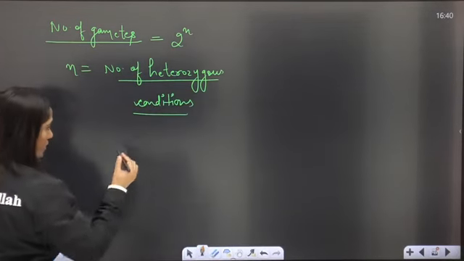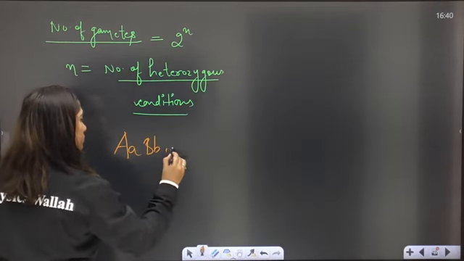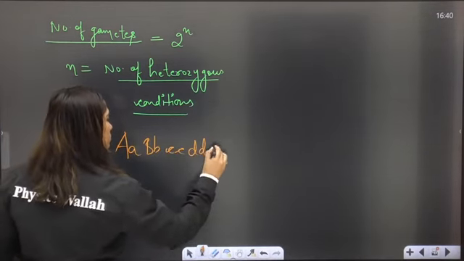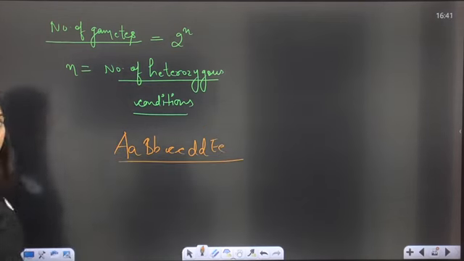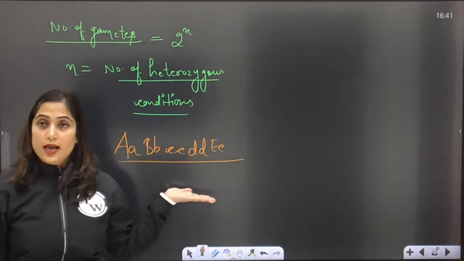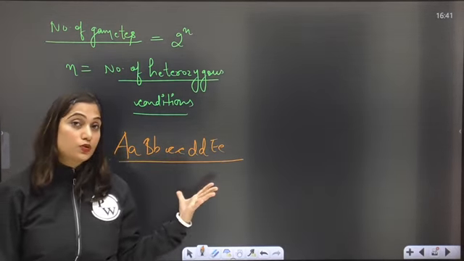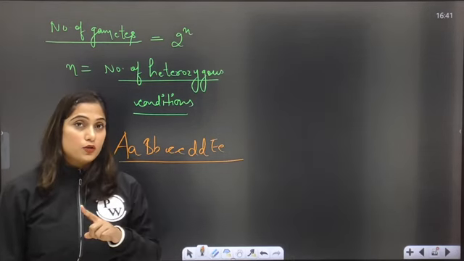Suppose there is an individual whose genotype is this. It is given in the question that this is an individual and you have to tell how many gametes are formed by this individual. So you will count the number of heterozygous conditions.